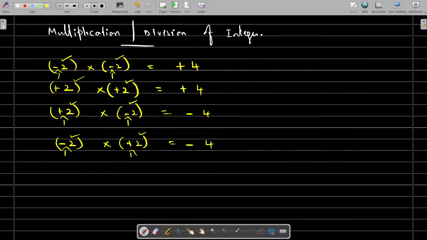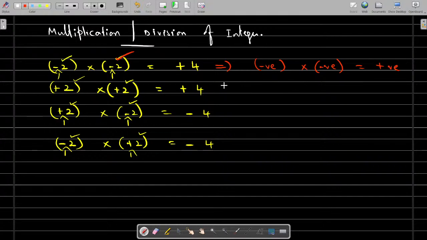In short, I shall write this as: a negative integer into another negative integer. What sign do I get? Equal to a positive value, right? A positive integer.